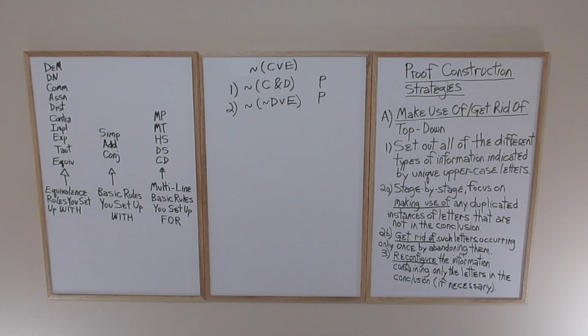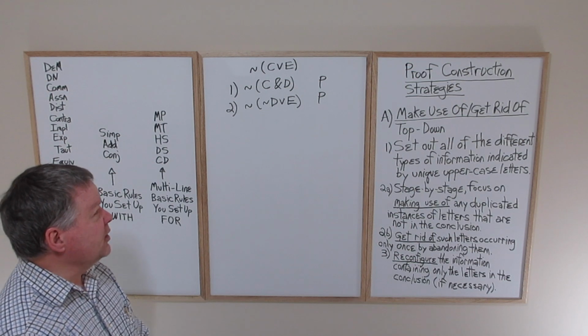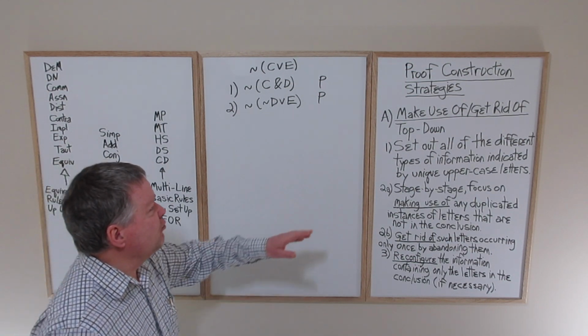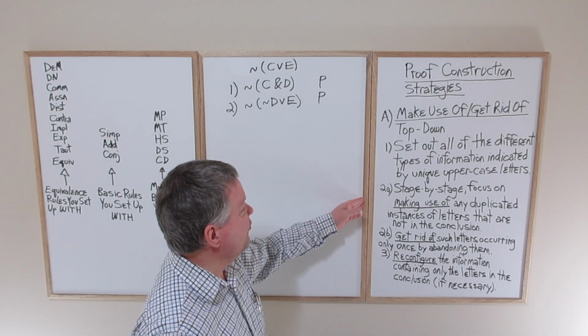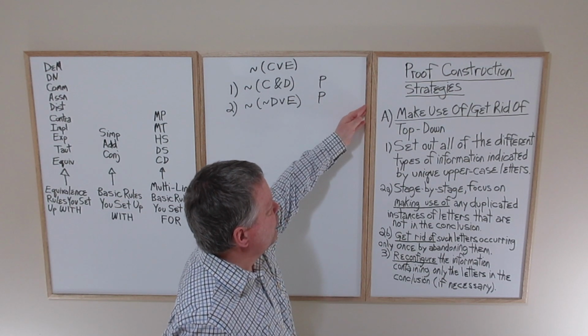We'll consider one last example of this strategy in action, but before we do so, I'll just set out formally the strategy that I've been illustrating in the last few proofs. This is one proof construction strategy.